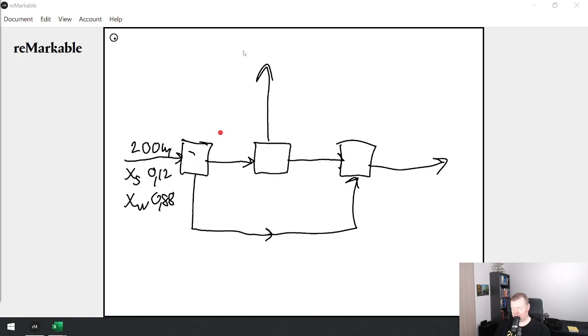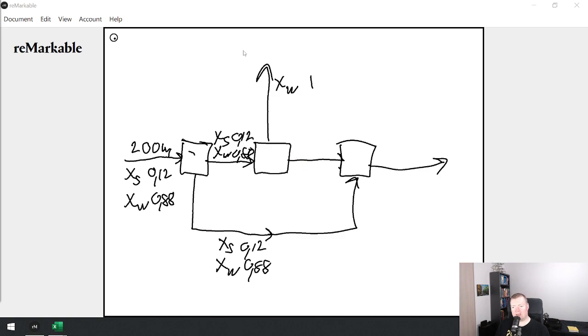So the concentrations over here for solids and water are going to be 12 and 88%. The same for the bottom one: solids and water, 12%, 88%. For the water stream where I want to remove my water, that's going to be pure water.